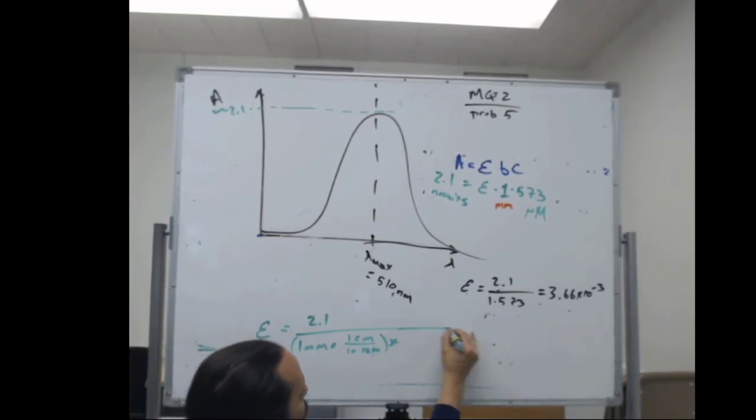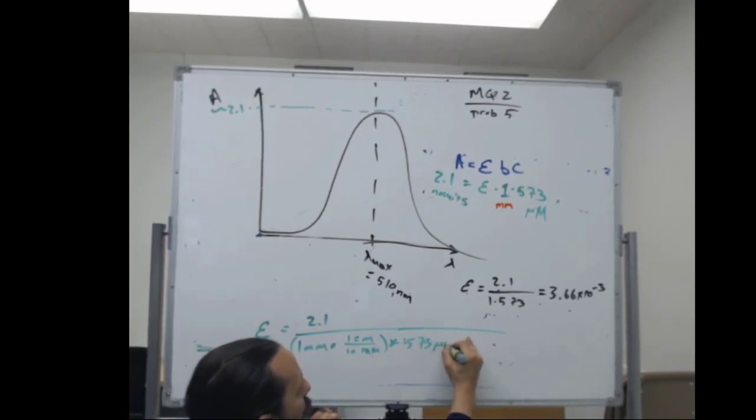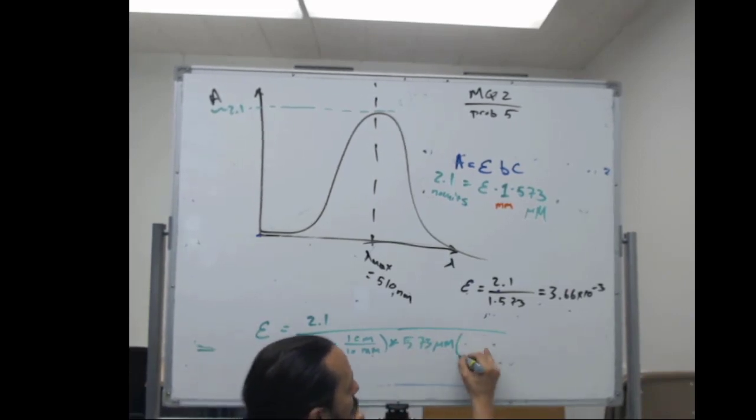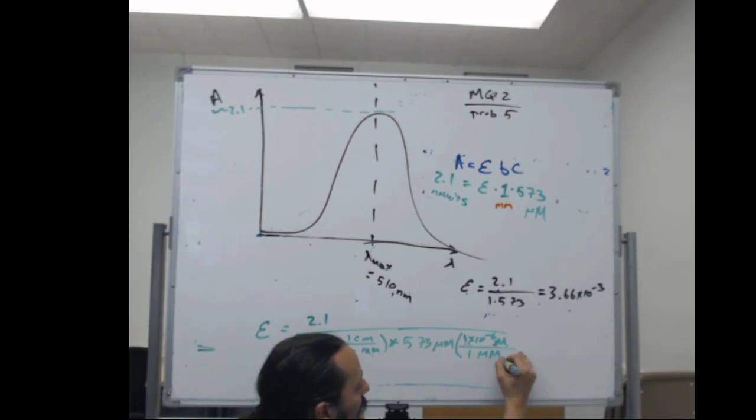And then our 573 micromolarity, we want to convert that to molarity, is going to be 1 times 10 to the minus 6 molarity per 1 micromolarity.